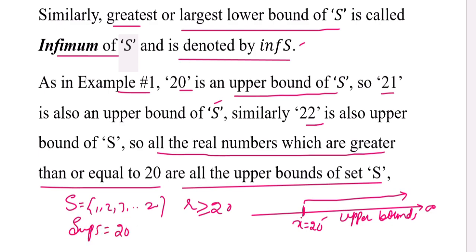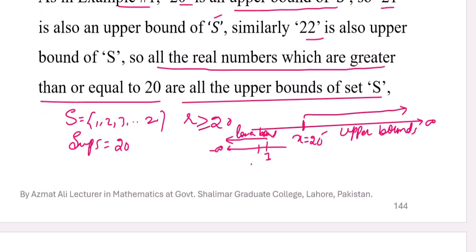Similarly, this is the smallest number of this set, that is 1. Now all the numbers on the left of 1 to negative infinity, all of these numbers are called lower bounds of S, like 0, -1, -1.5, -1.2, minus pi, etc. But among all of these lower bounds, the greatest lower bound is 1.